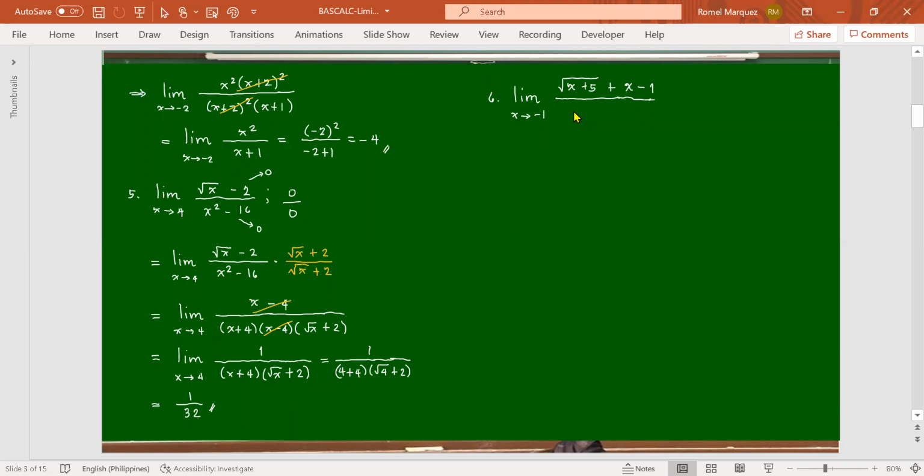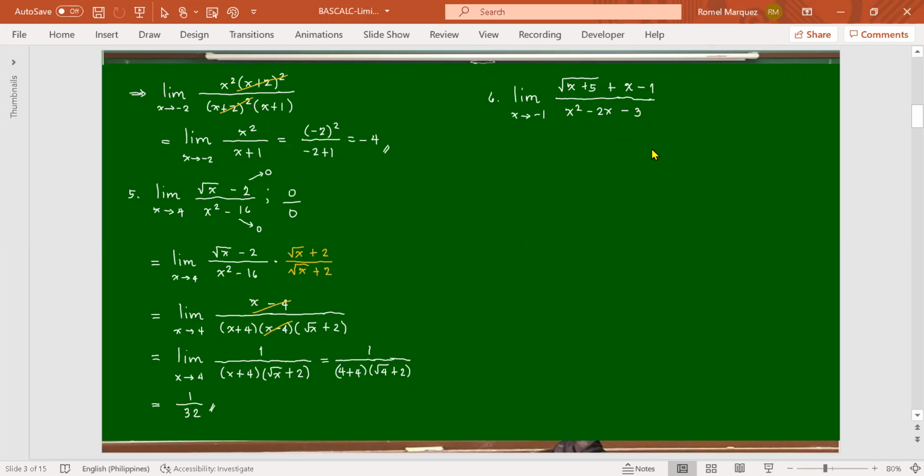And then we have x squared plus x minus 1 minus 1. Let's have it 2. 2x, 1 minus 2 is 1 plus 2, minus 3.